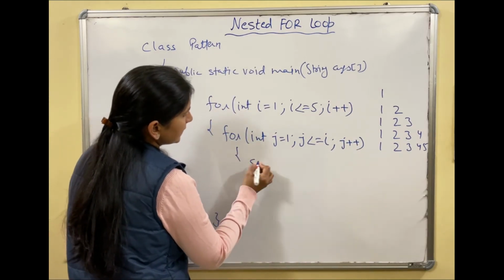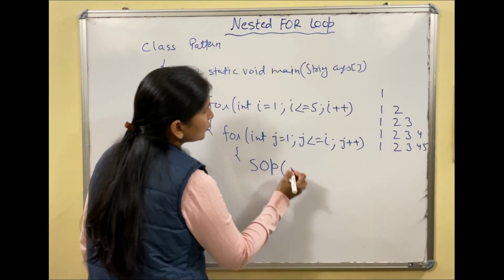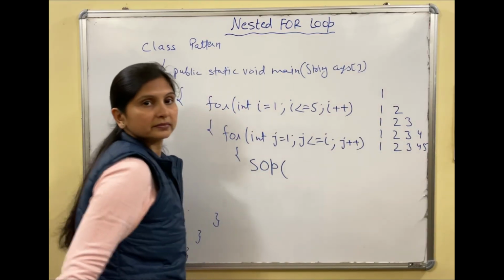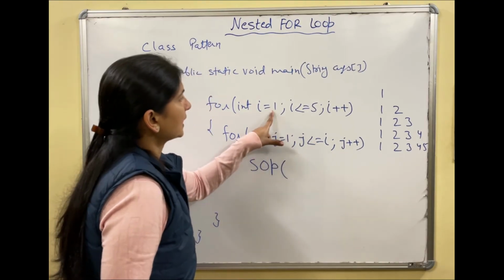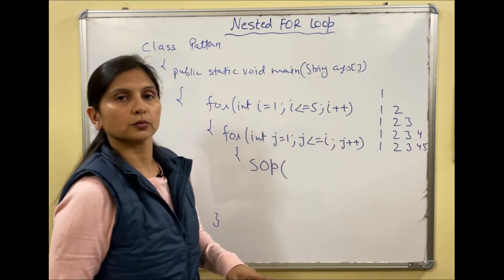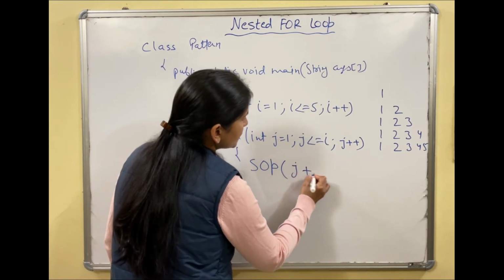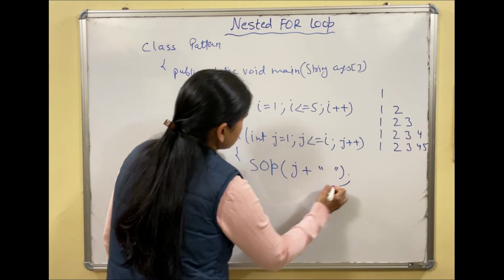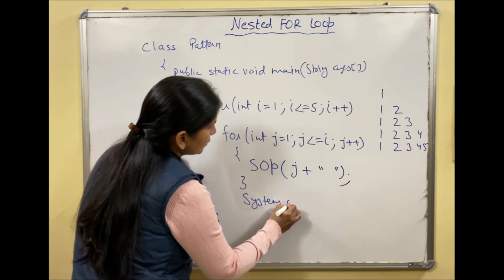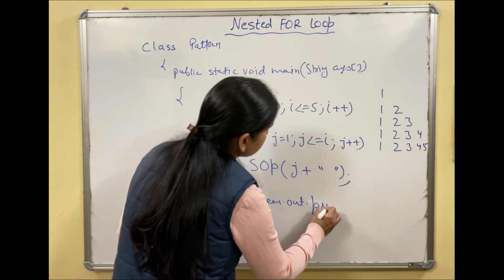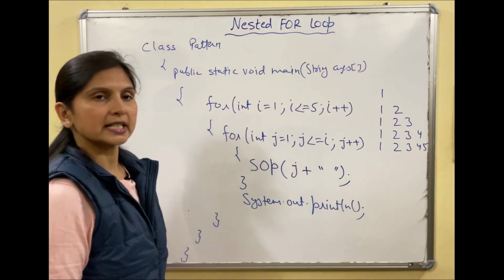I am writing SOP only, System.out.print. See, i 1 j 1; i 2 j 1 2; i 3 j 1 2 3. So we have to display j only. So I will display j with a space, right? Then System.out.println in the same way. I hope you have understood this.